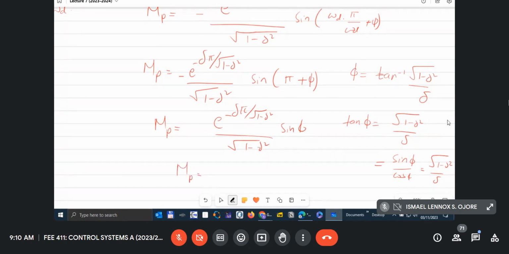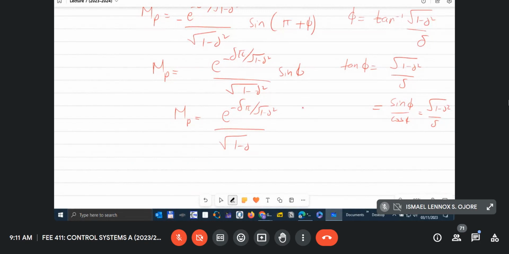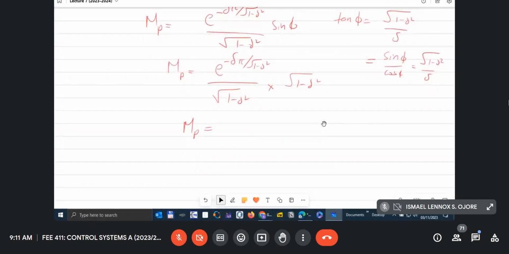So we say Mp is e to the power minus pi delta over square root of 1 minus delta squared. So that is the maximum overshoot, and percent maximum overshoot is just 100 multiplied by that factor.